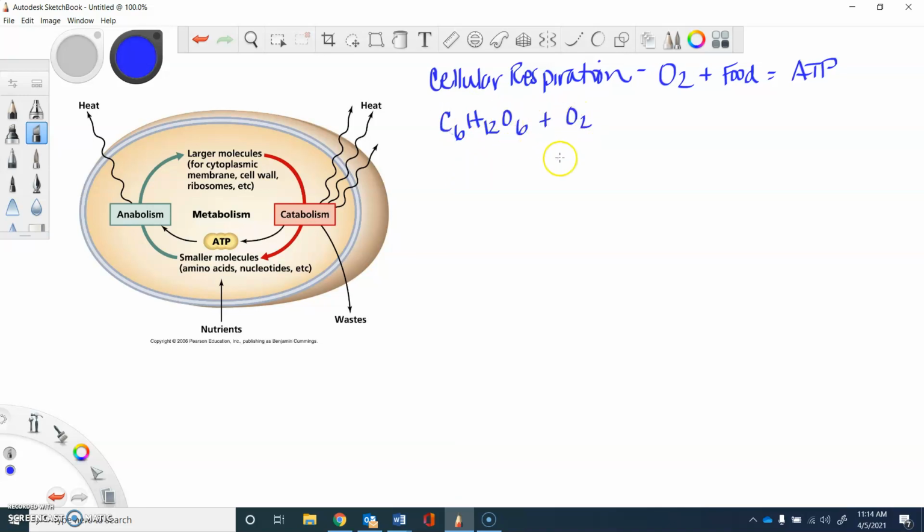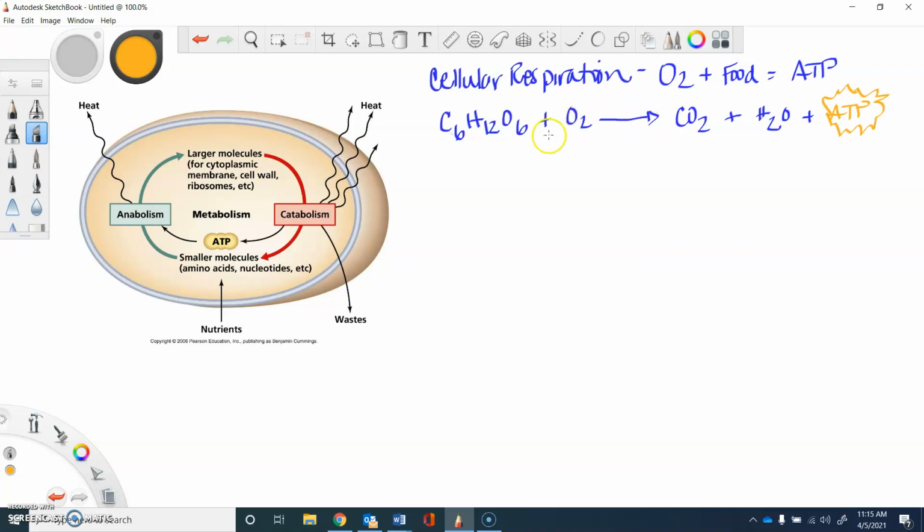We add it to oxygen and we get carbon dioxide, water, and of course we get ATP. So that is cellular respiration, and we're going to talk about how this occurs in our cells.